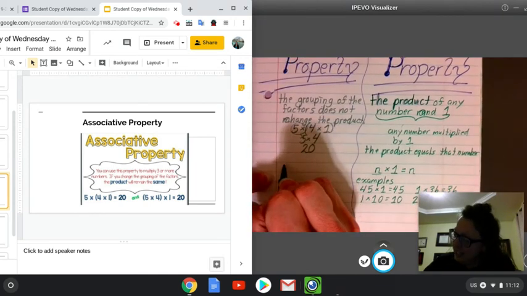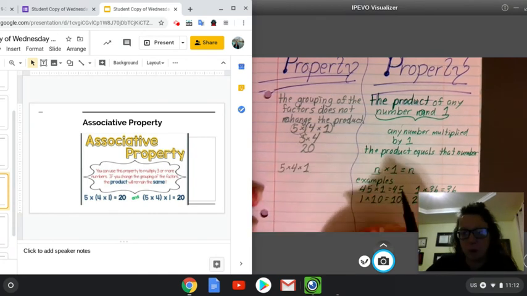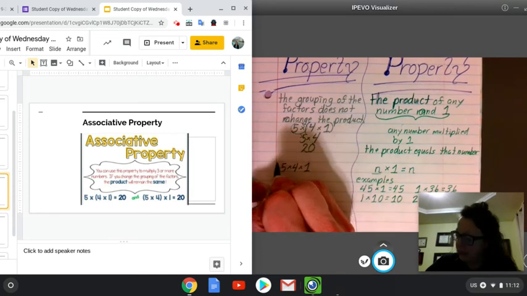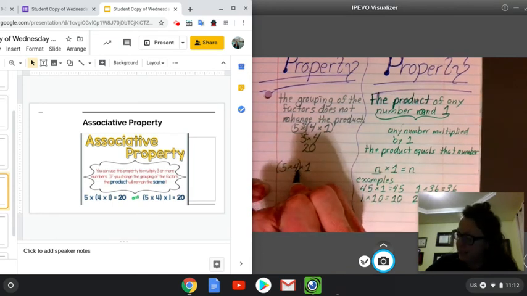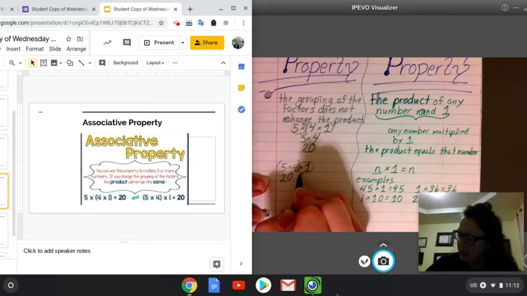Let's look at it a different way. If we take our same 3 numbers that we had before, but instead of grouping the 4 and the 1 together, I know, because I like fives, and I know that 5 times 4, if I do that first, is 20. And then I bring this down and I multiply it.